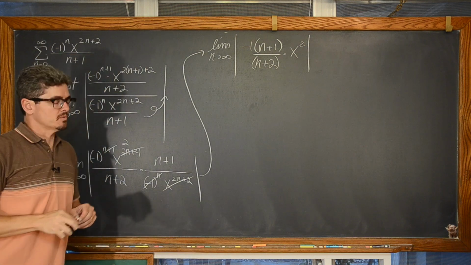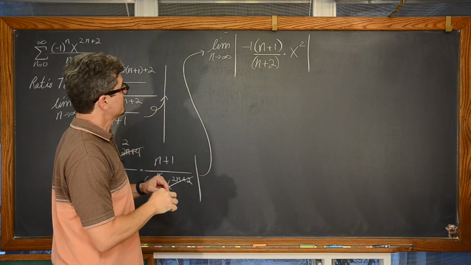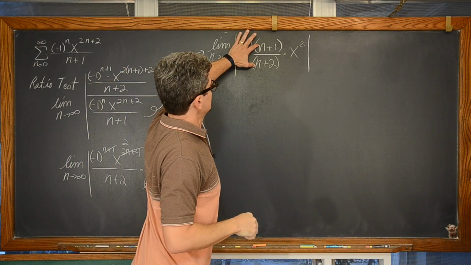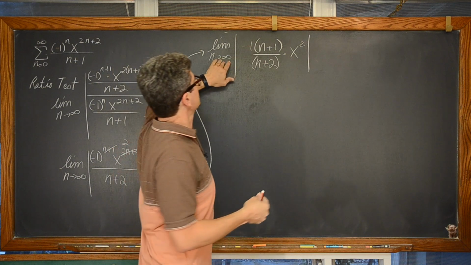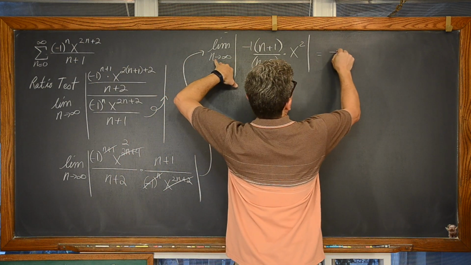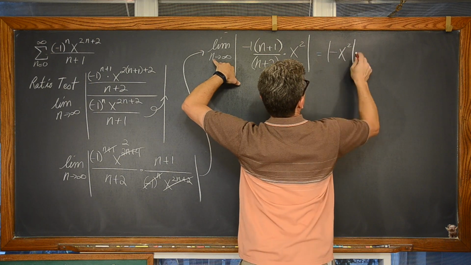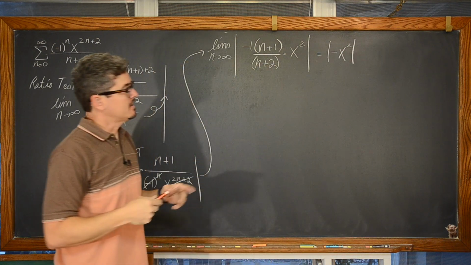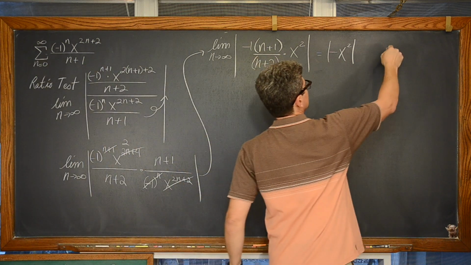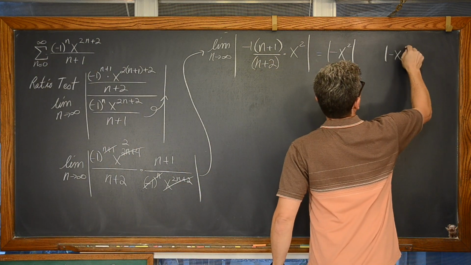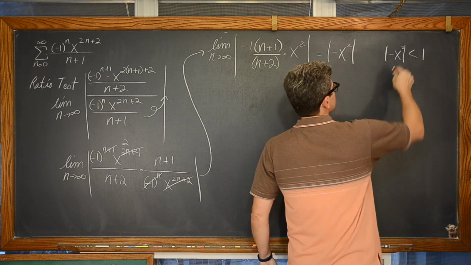Now as you let n go to infinity, and you can prove this all kinds of ways, L'Hopital's rule, whatever, this is going to come out to be 1. So this is going to come out to be the absolute value of negative x squared. Now that needs to be less than 1 for this to converge.